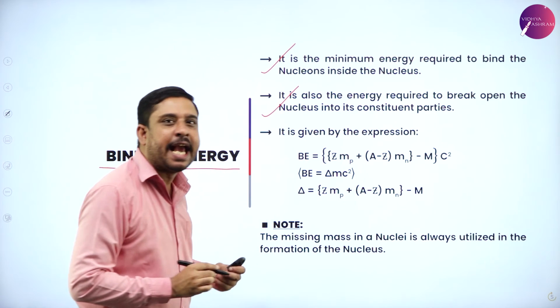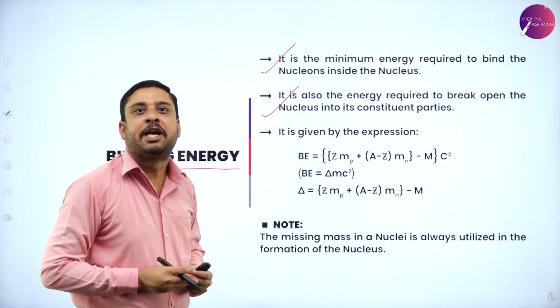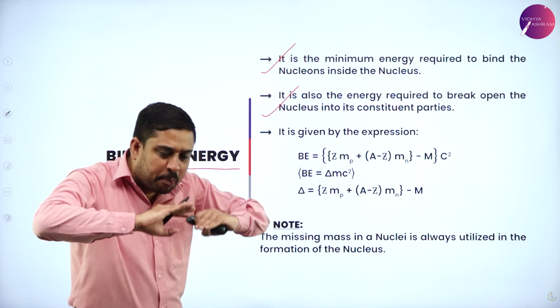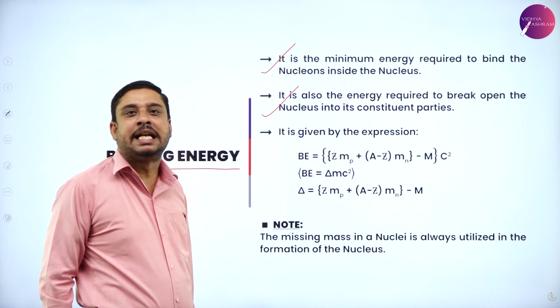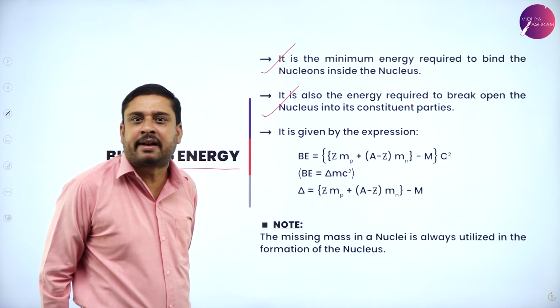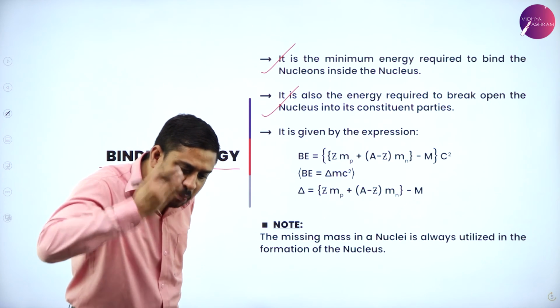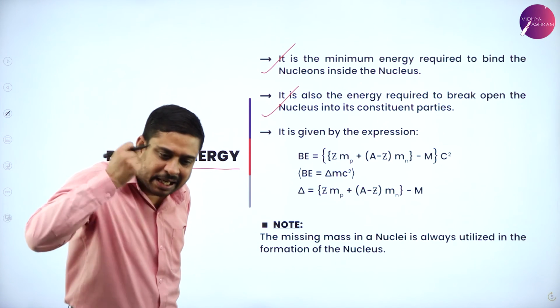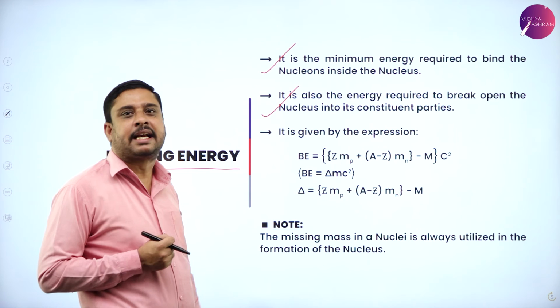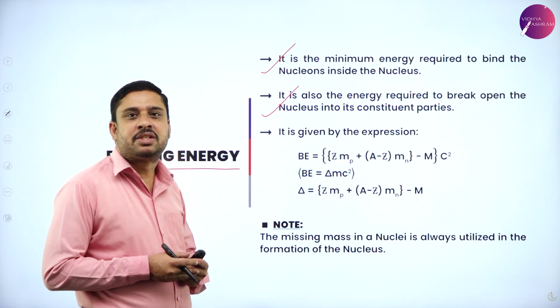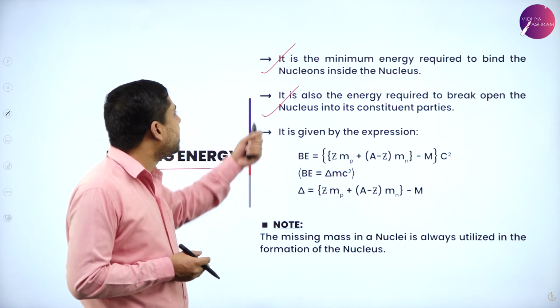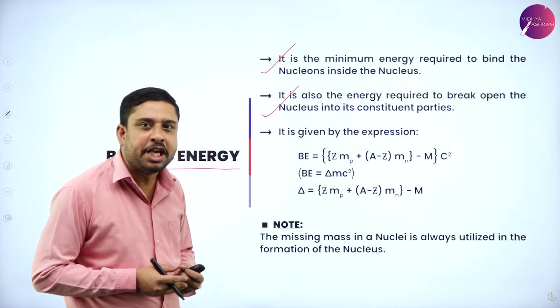Or it is also the energy required to break open the nucleus to its constituent particles. If I want to break the nucleus, I remove the constituent particles. Some minimum energy has to be given, and that is called binding energy.